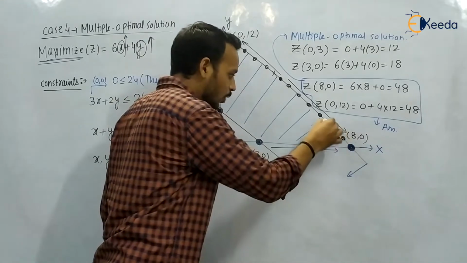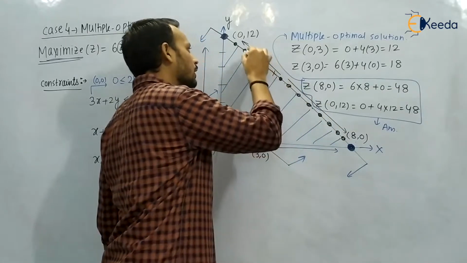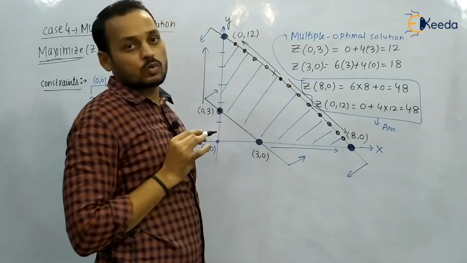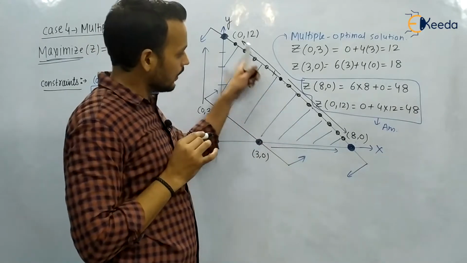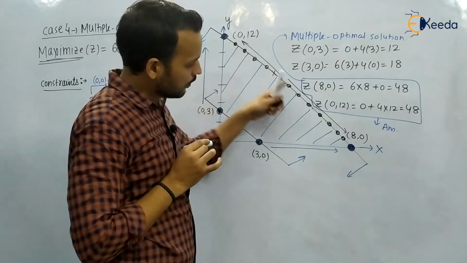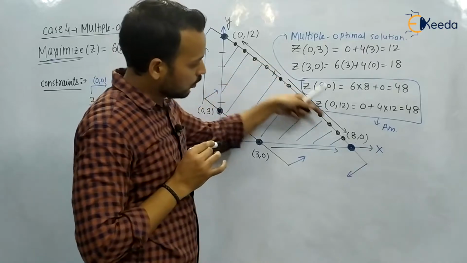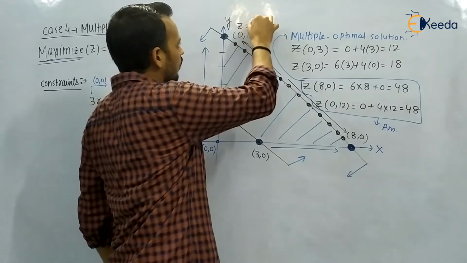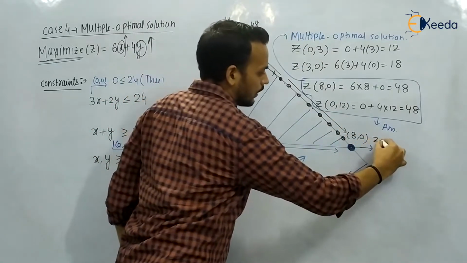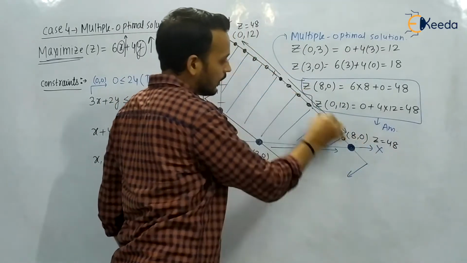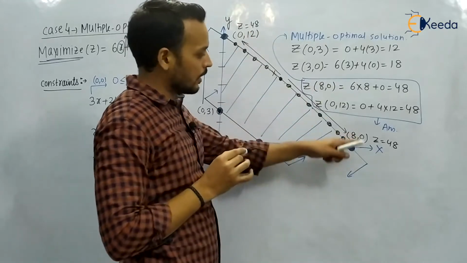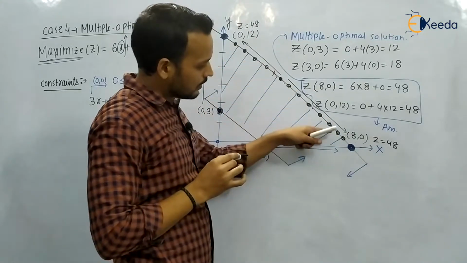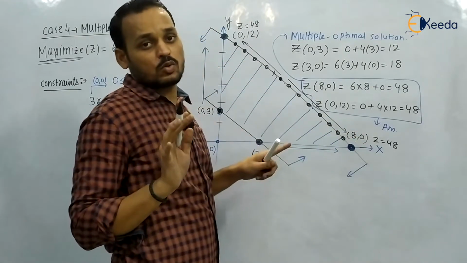Each and every point on this constraint will provide you the maximum optimal solution, because moving in any direction, here you are getting 48, and here also you are getting 48. So moving in any direction, both solutions are the same. So each and every point of this constraint is going to provide you the same solution.